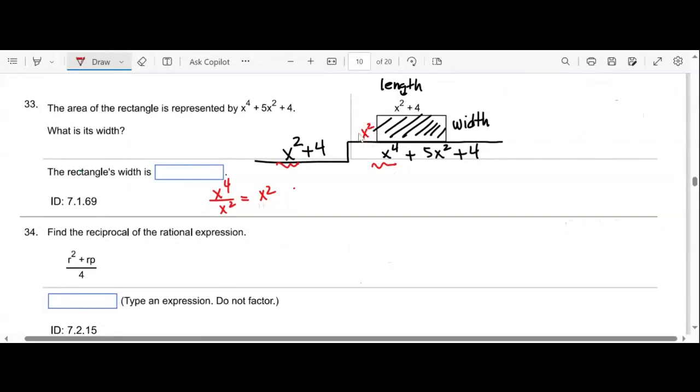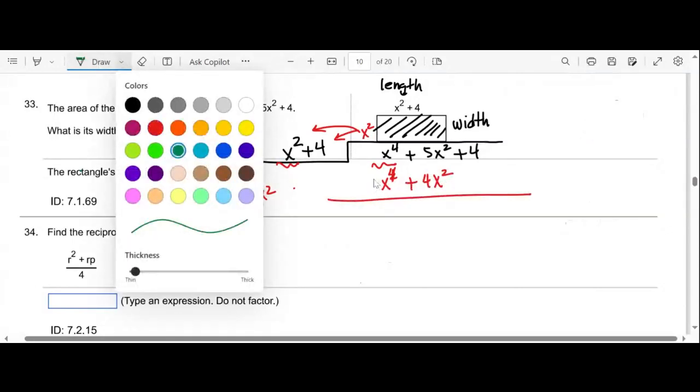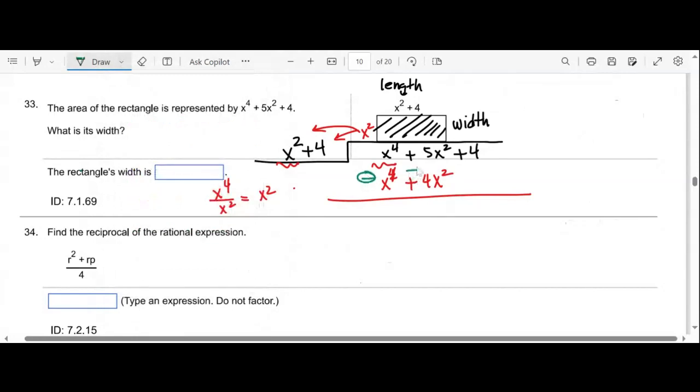So it's going to be x to the power of 4 plus 4x squared. And then you're going to have to change the sign. This becomes negative and this becomes negative. So you cancel this with this, you get x squared. And then you bring down the 4.